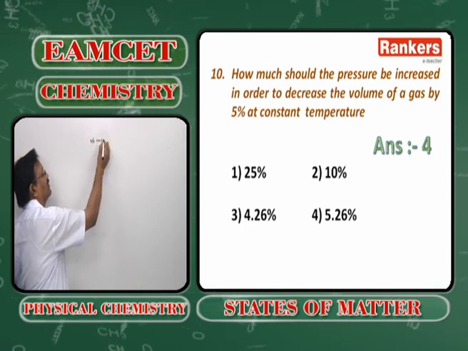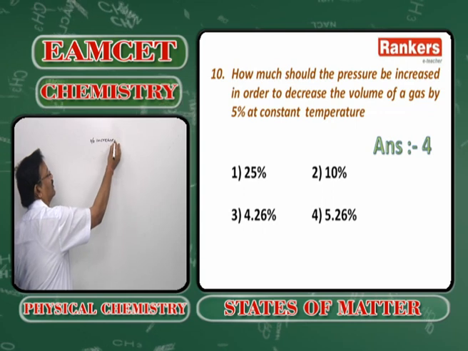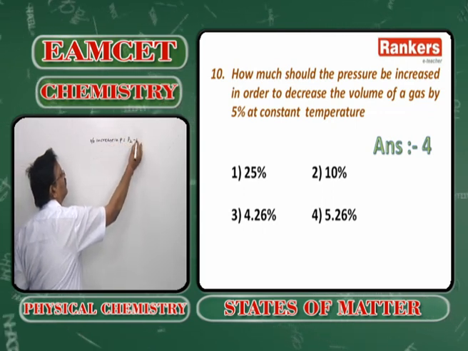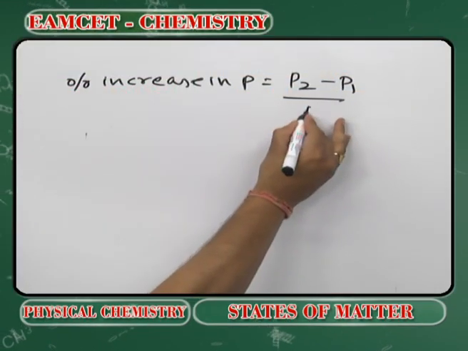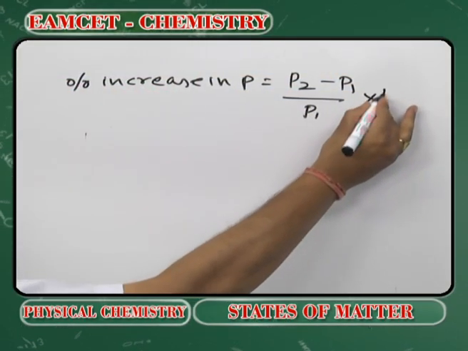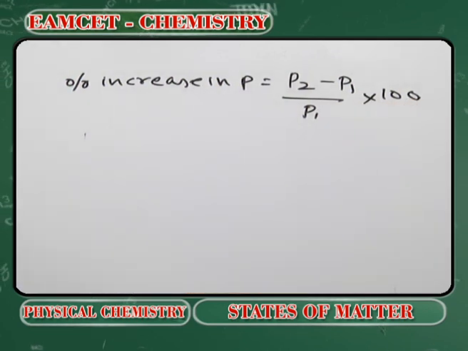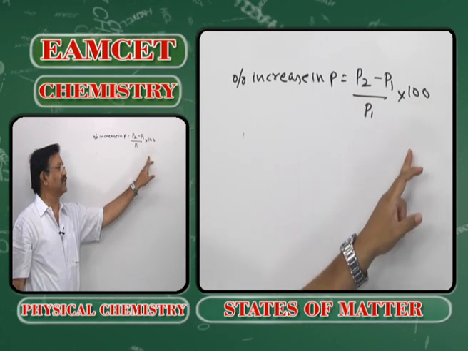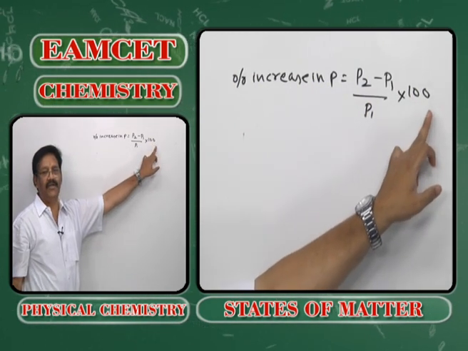It is given by the relation P2 minus P1 by P1 into 100: final pressure minus initial pressure by initial pressure into 100.